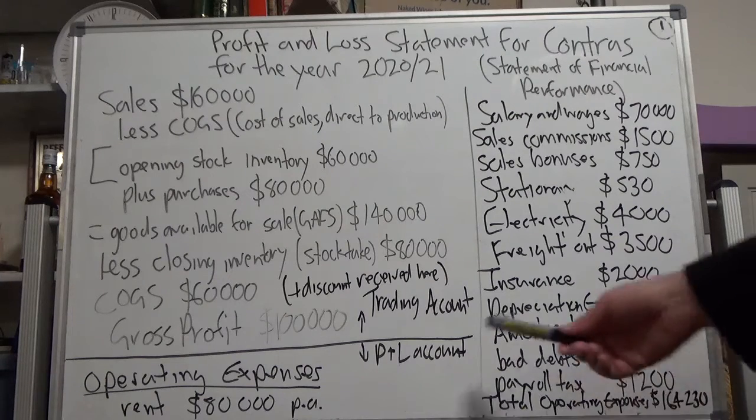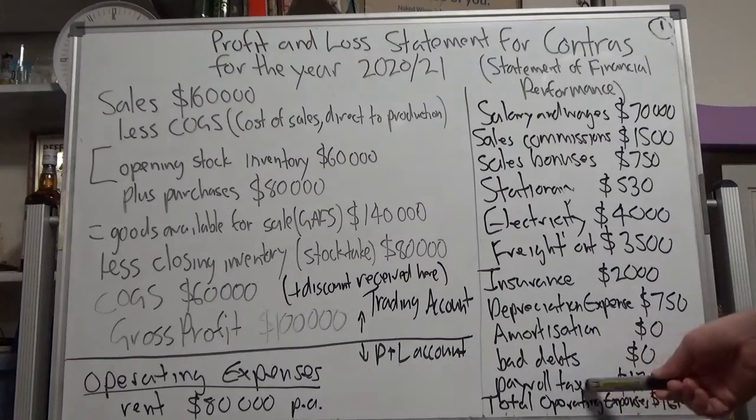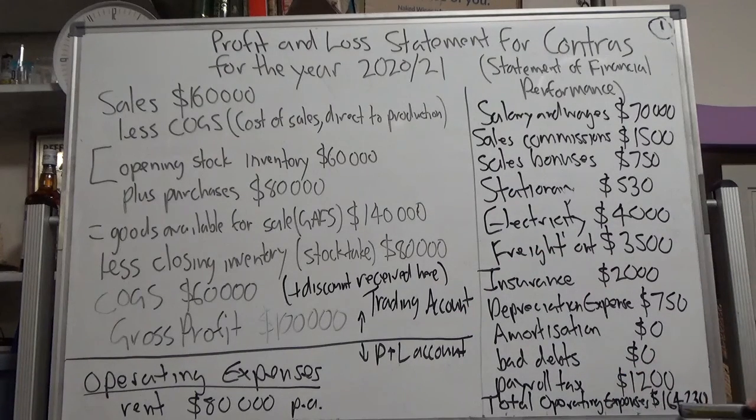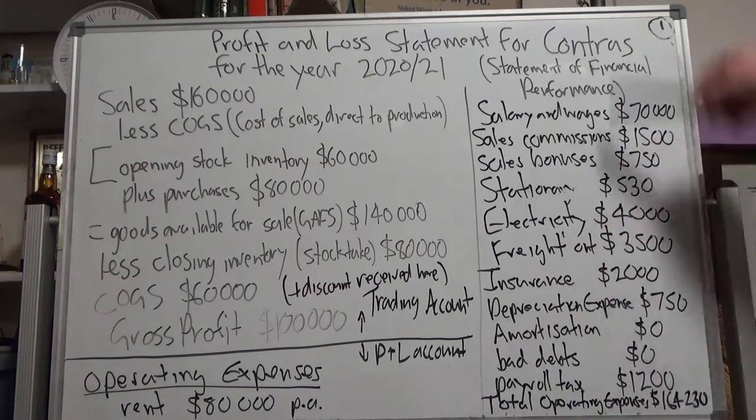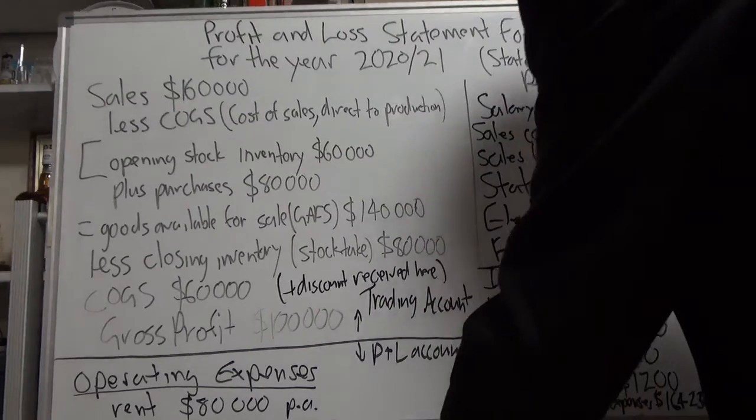So you add up all these expenses from rent right down to payroll tax, and you get total operating expenses of $164,230. So you add up all the operating expenses to get a total for operating expenses, okay?